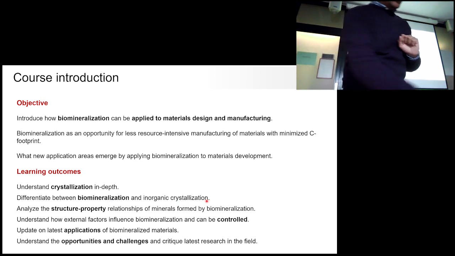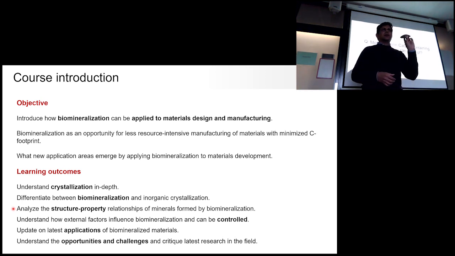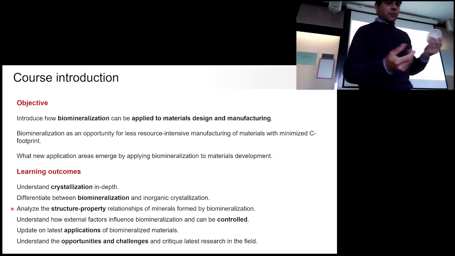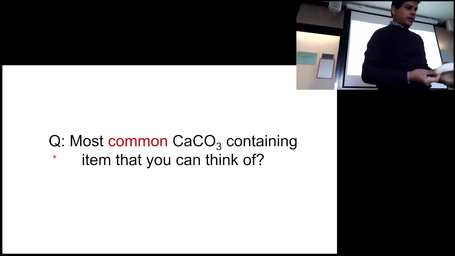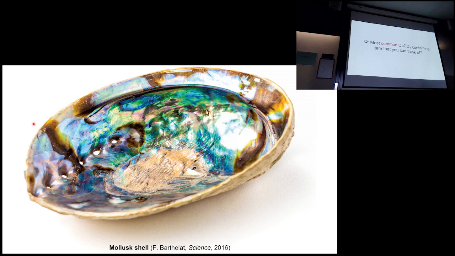Speaking of structure-property relationship, I have a small thought experiment for all of you. So you might have seen these shells, right? Or smaller versions of these shells. Now, these are entirely made of calcium carbonate, okay? So I'm going to pass around these shells, and we have many of these.